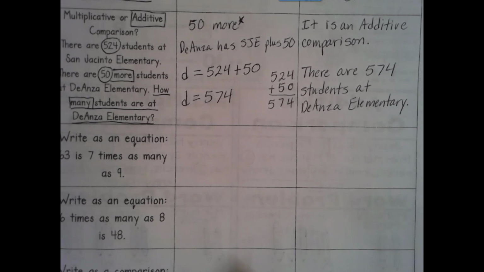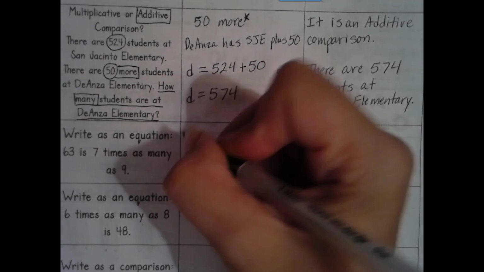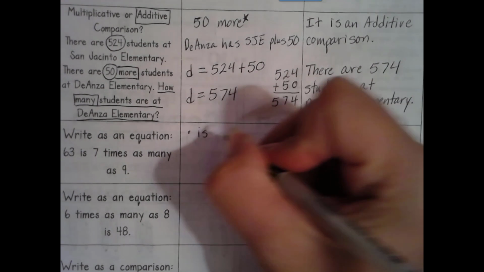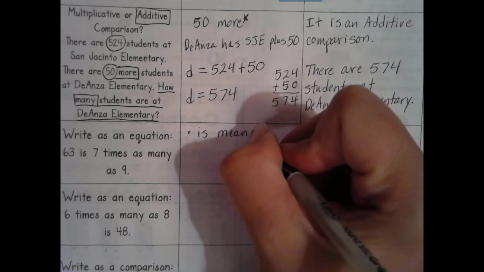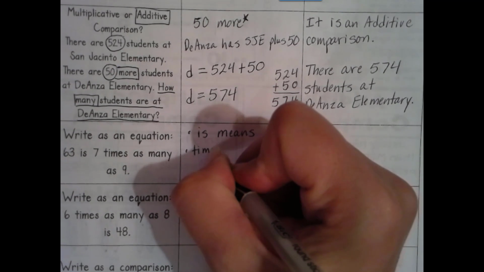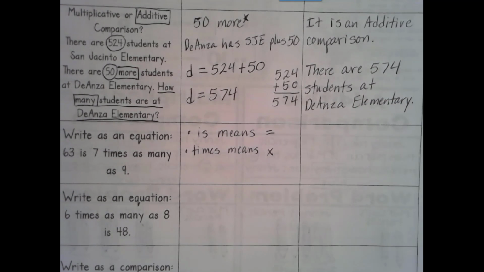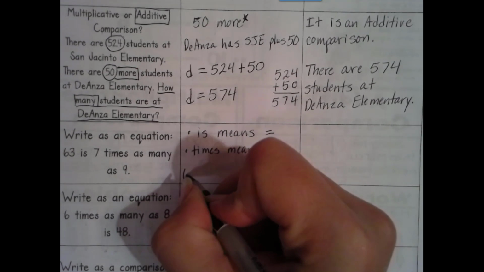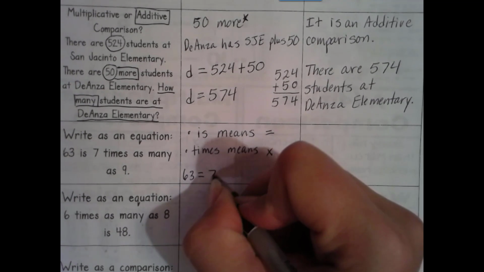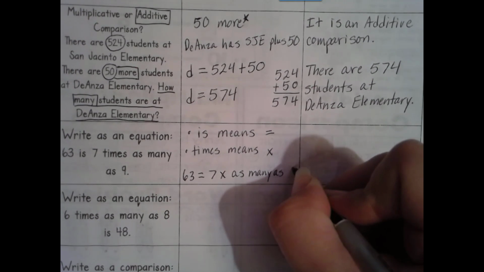Okay. Now here, we're just going to write these as an equation. So the word is means equals. And the word times, we use a symbol, or means, the symbol X. So if I change just those words, I get 63 is 7 times as many as 9.